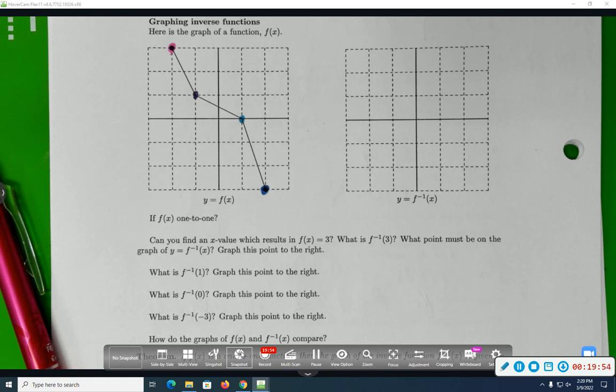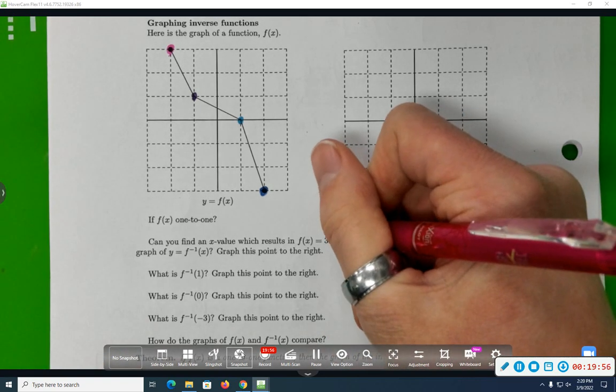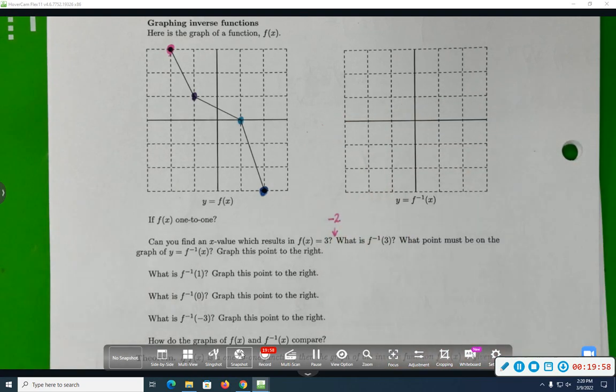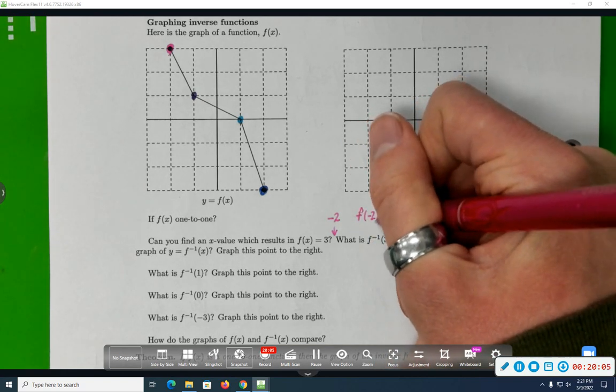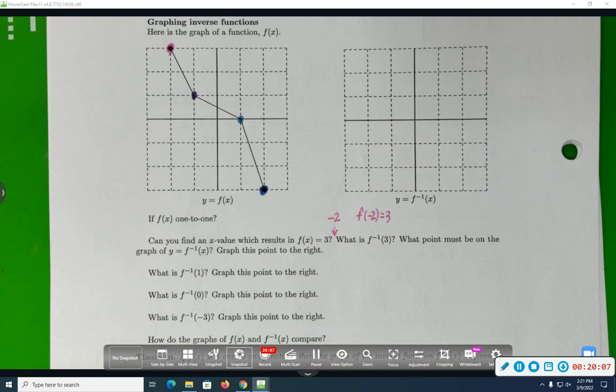Very good. Nice. So that means this function f has the property that f of negative 2 equals 3. An input of negative 2 results in an output of 3. So by reading that, can you tell me what f inverse of 3 is? -2. Negative 2.